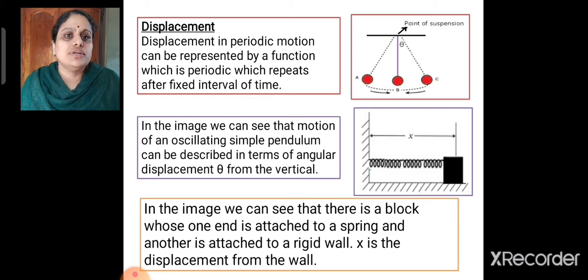In the case of a block moving over a smooth surface and attached to a wall by means of a spring, the displacement is the displacement from the wall, which is marked as x in the figure.